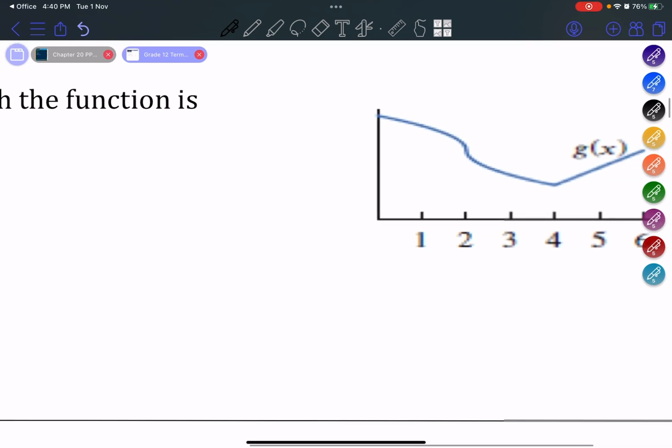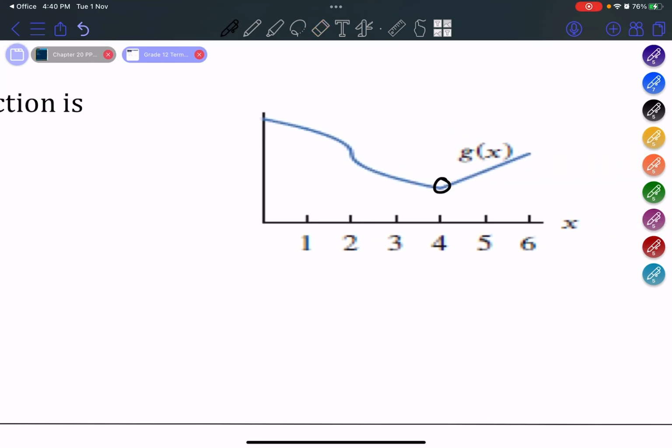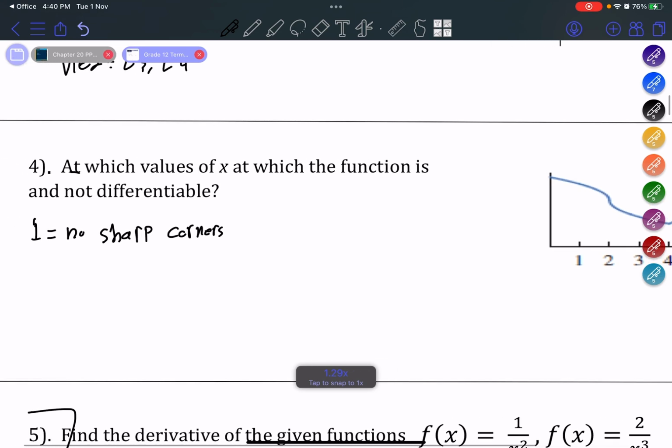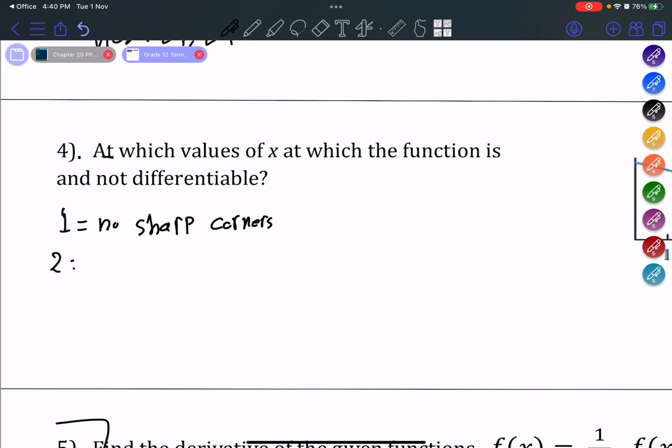If we find any sharp corners, like this, for example, where it's going down, then sharp up, then it shall not be differentiable. Two, there shouldn't be vertical tangents.